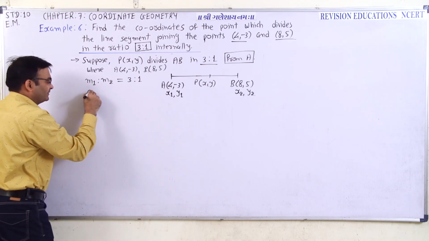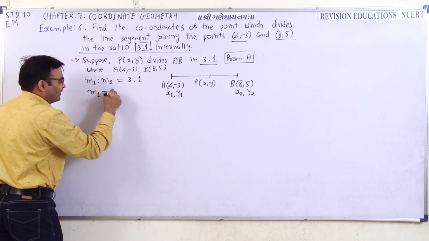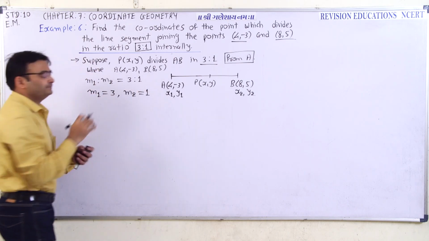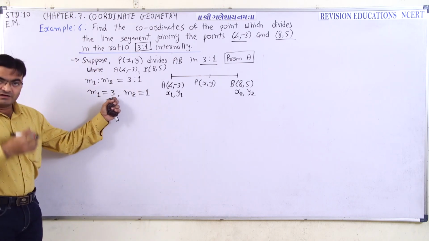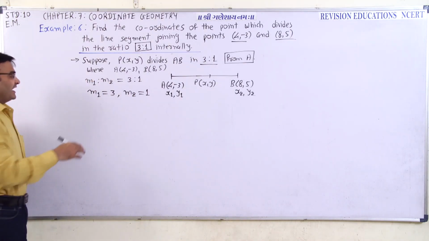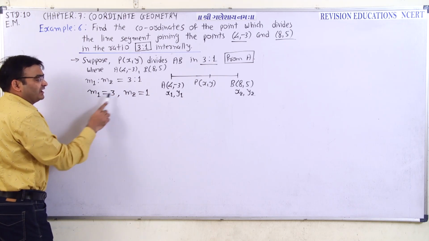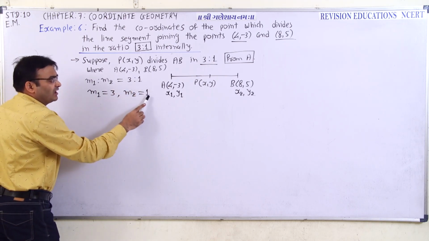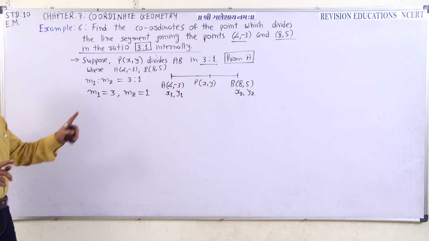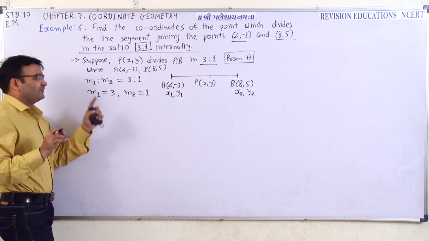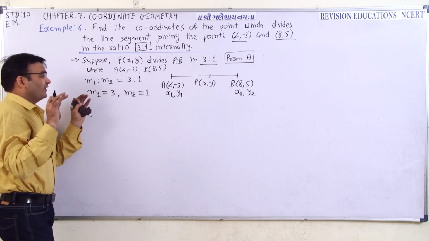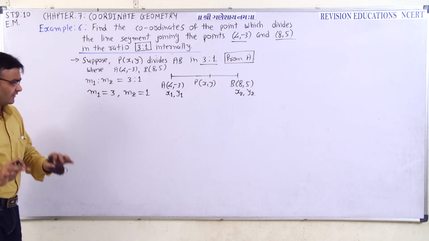So we write m1 is equal to 3, m2 is equal to 1. Whenever the ratio is given, if you use this formula, it is very easy for us.